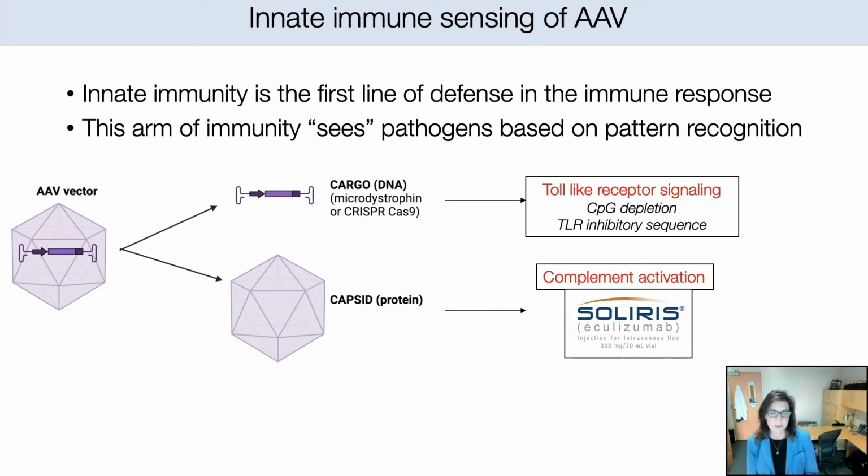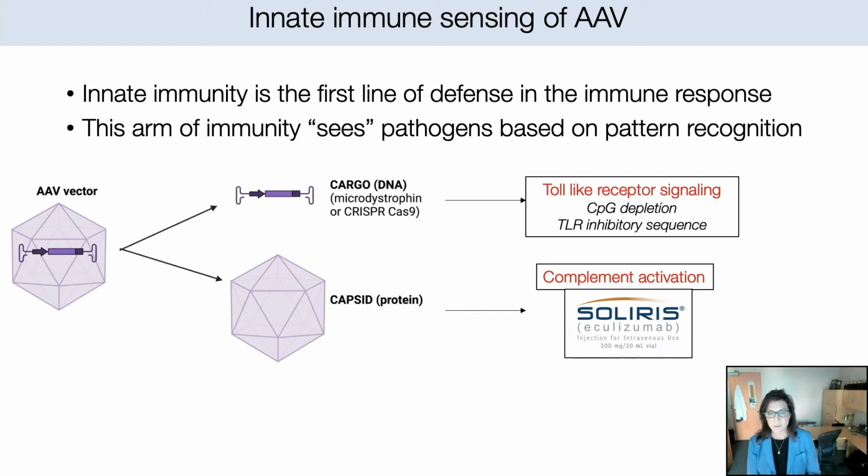You may have heard about complement activation that's occurred in some of the microdystrophin trials. Luckily, we have a way to resolve this with Soliris, which is a complement inhibitor, and this seems to be doing a very good job of reducing any adverse events. Toll-like receptor signaling does not seem to affect the safety issues of the AAV delivery, but it may affect the efficacy.